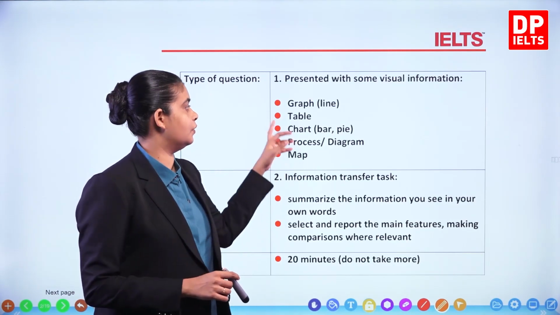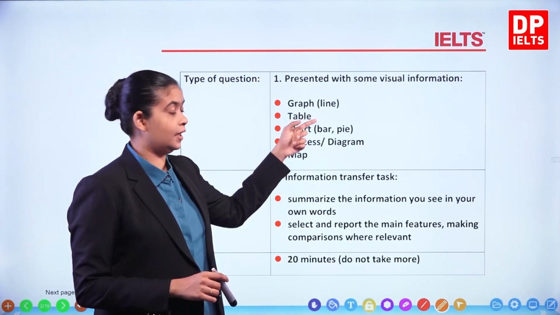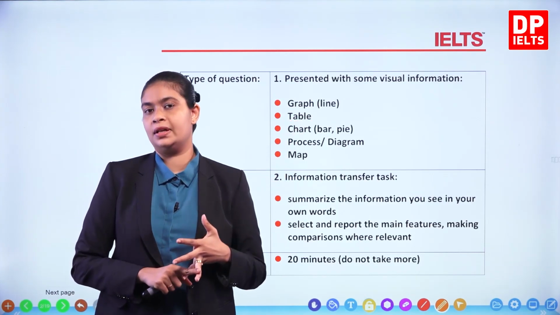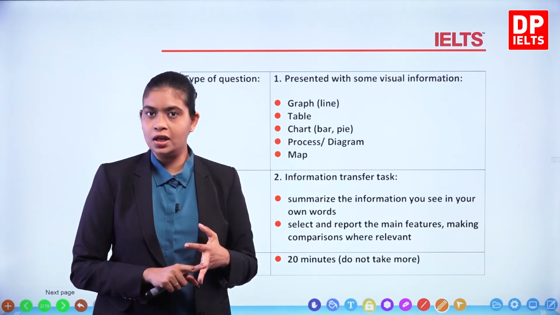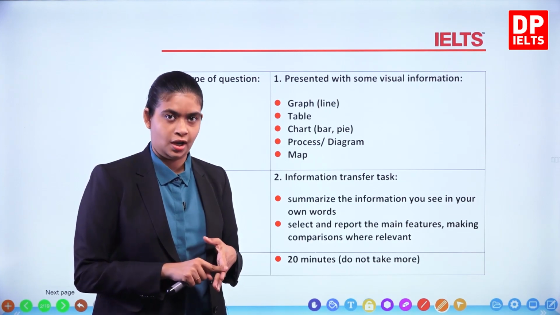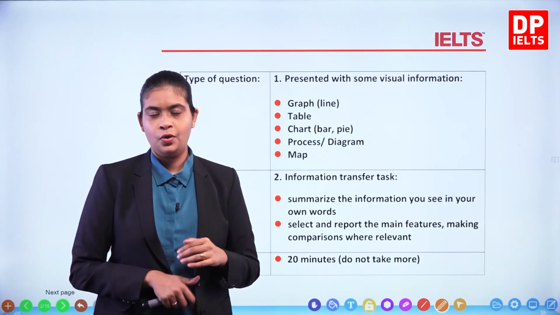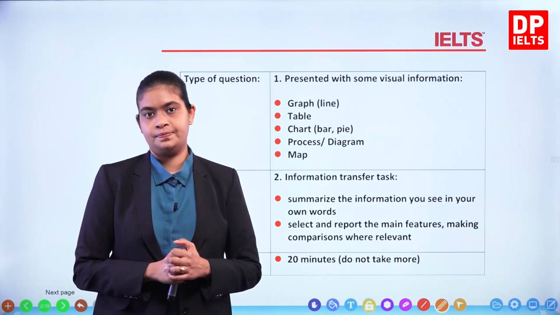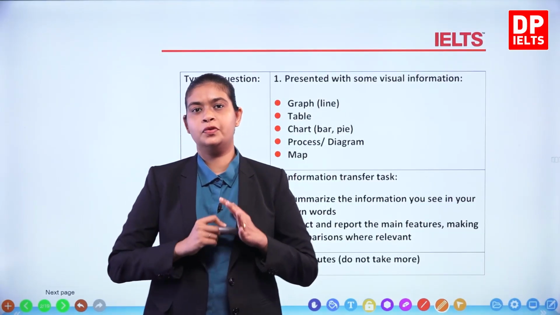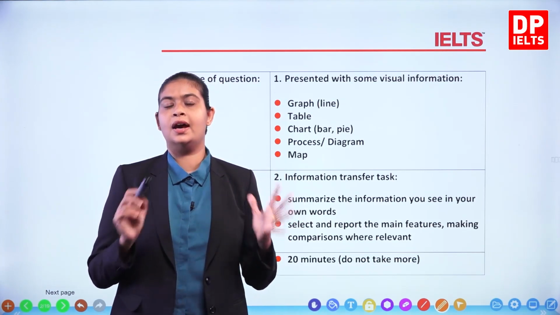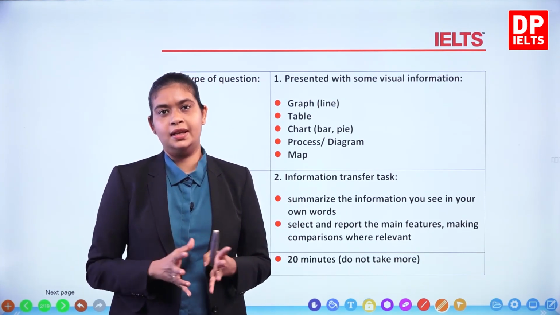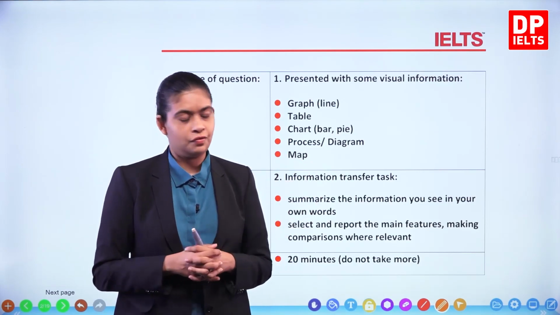You would get a graph. It could be a line graph, a table, a pie chart, or a bar chart, a process, or a map, or any other diagram. So, task 1 focuses on explaining or outlining a visually expressed image, right?